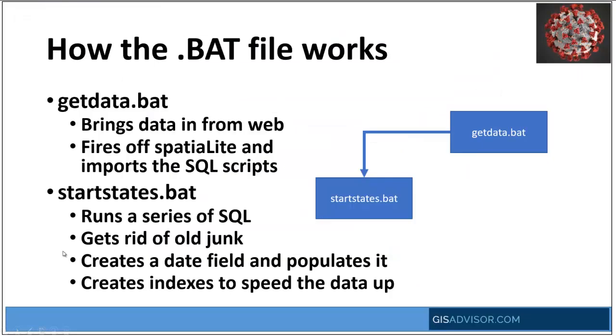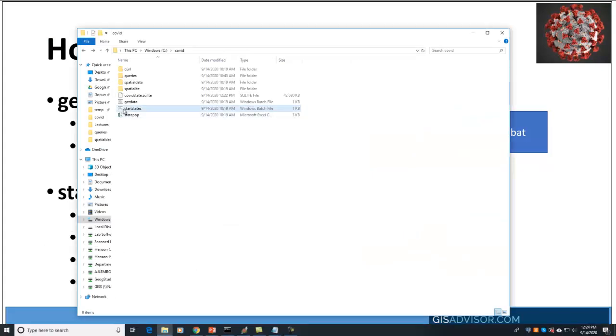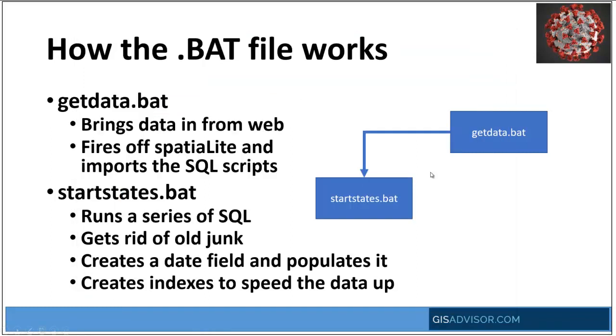Now we had to bring all that data in to get it into SQLite. To do that, we clicked on Get Data. That's a DOS or Windows batch file, and what that allows us to do is string together a number of commands. The first thing we do is run getData.bat, and then that calls startstates.bat.